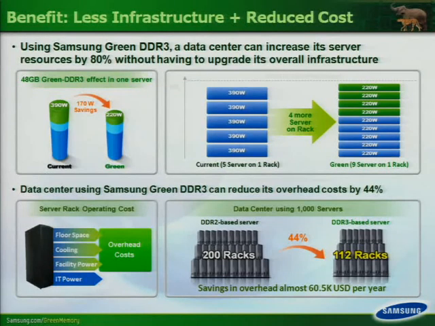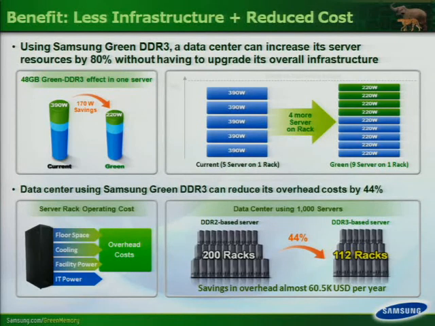If you look at the saving between a previous system and a new system using the Samsung technology, and you look at a rack configuration, for example, 5 servers in one rack that has about 2,000 watts of power associated with it. Replacing those servers with a new server using the optimal technology, you're also increasing the footprint of servers per rack.